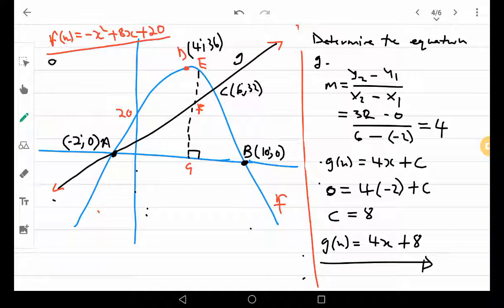We can put it here, g of x is equal to 4x plus 8. We'll need it for future use.